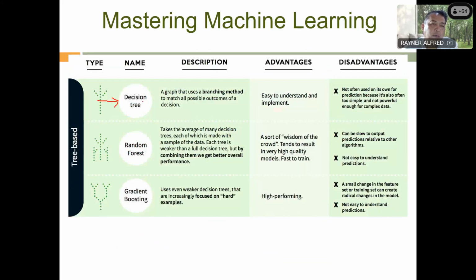If we have multiple decision trees and combine them, it becomes random forest. Another variant of tree is gradient boosting, in which we use weaker decision trees to cover the misclassified data that we have.